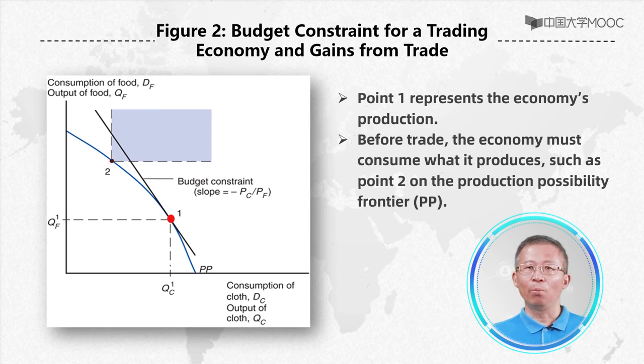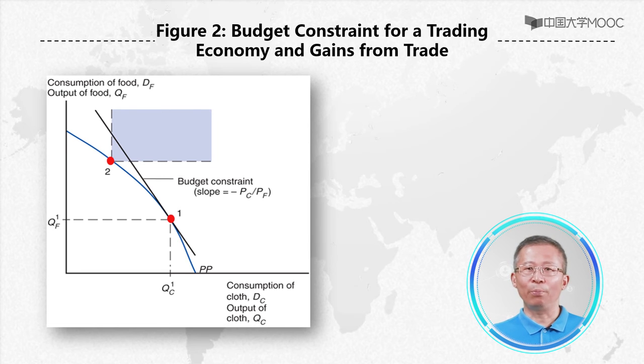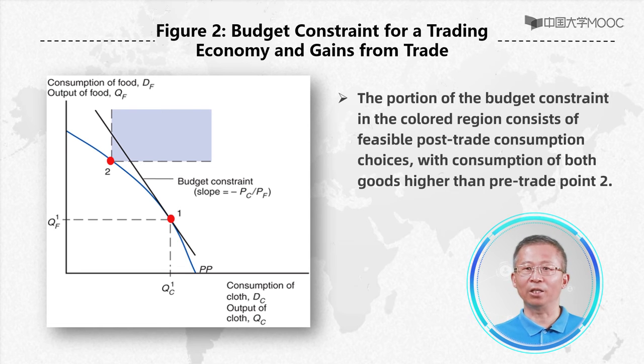For example, point 2 on the production possibility frontier, but it is possible for a trading economy to consume more of both goods than it would have in the absence of trade. The portion of the budget constraint in the colored region consists of feasible post-trade consumption choices, with consumption of both goods higher than pre-trade point 2.